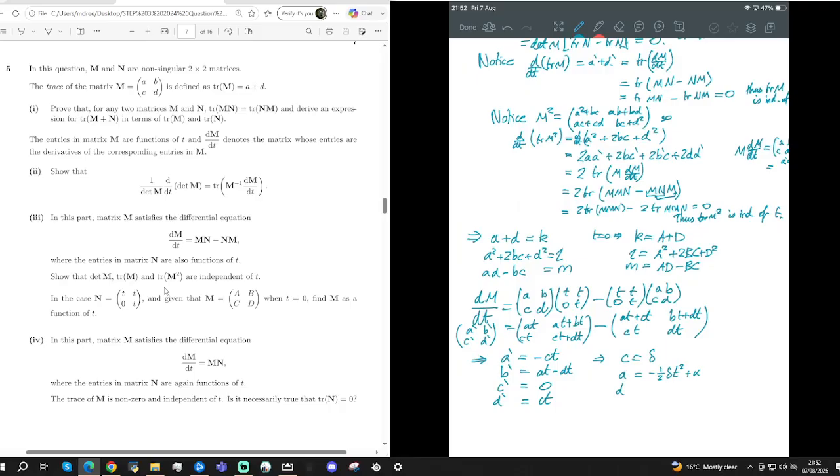The d I could also solve in exactly the same way, half delta t squared plus, sorry, I've got a gamma and a delta. I want this one to be gamma and then delta for the d. And if I do briefly check back, if I add the a and the d together, yes, the t's have all cancelled out. So that constant nature has worked out perfectly.